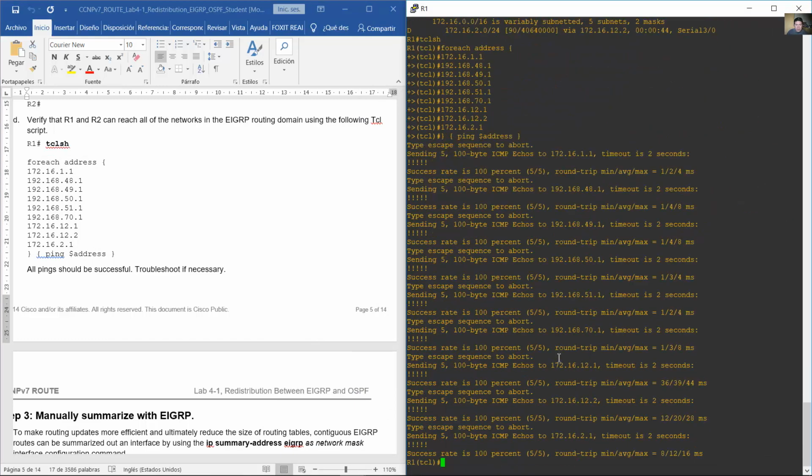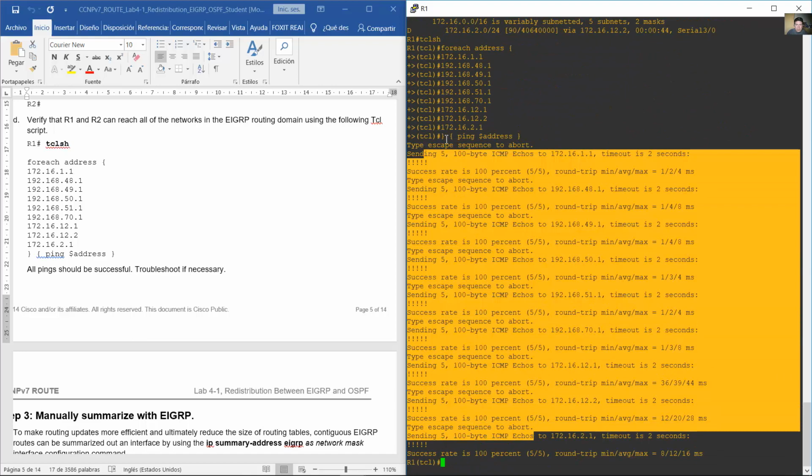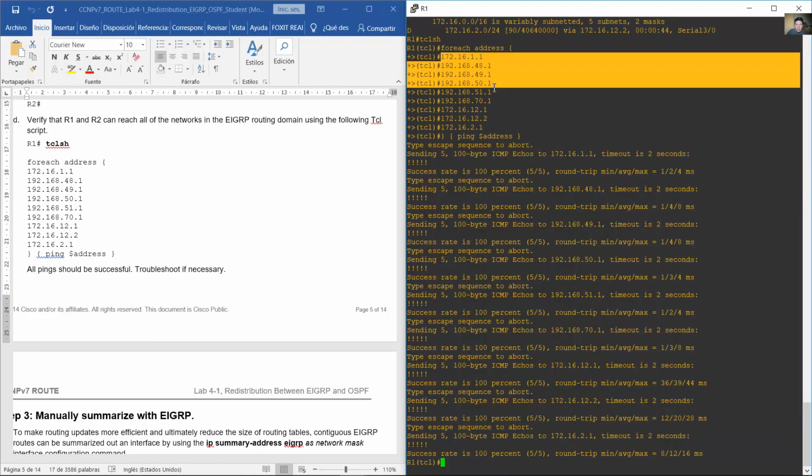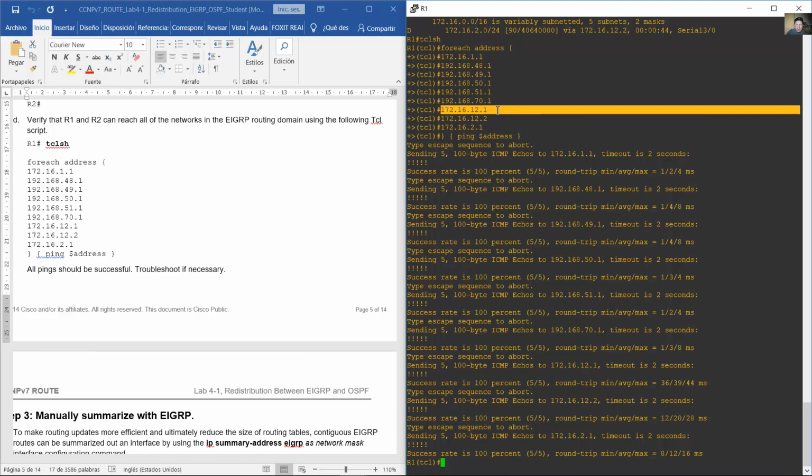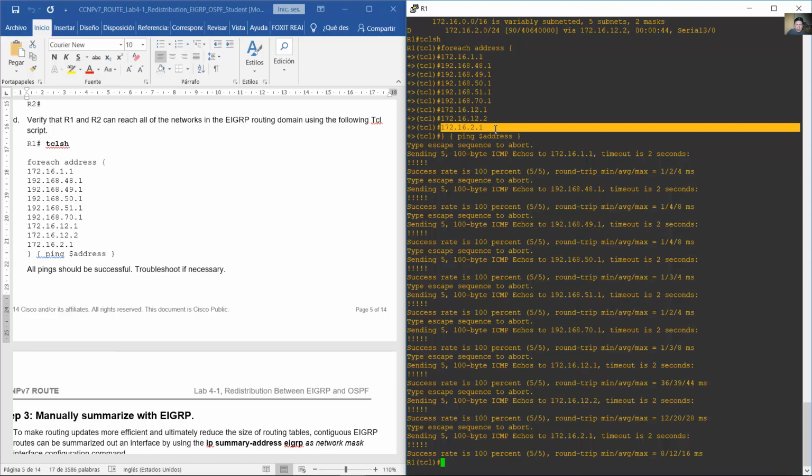Enter. All success. These are the loopbacks on R1. This is the serial interface on R1, serial interface on R2, and loopback interface on R2.